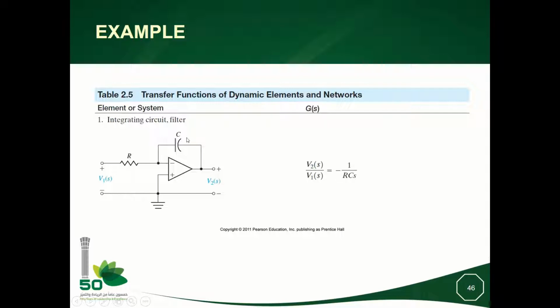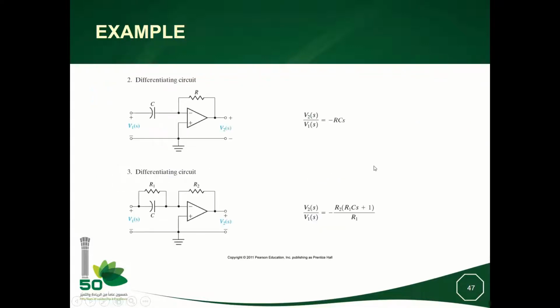So we will have 1 over Cs divided by R, which gives 1 over RCs, multiplied by a minus sign.